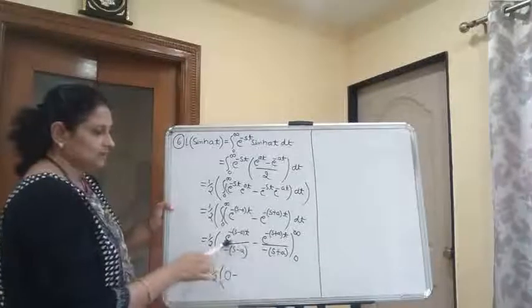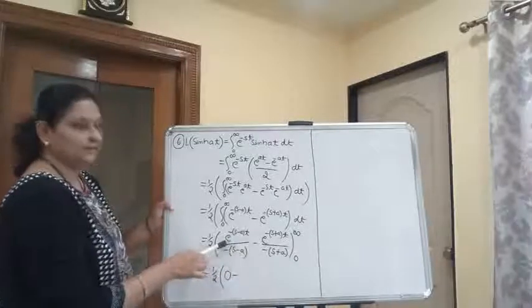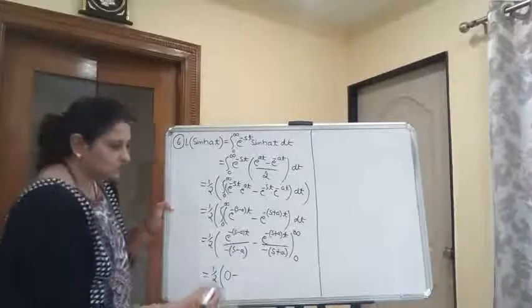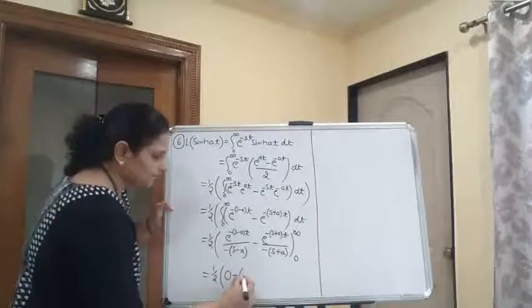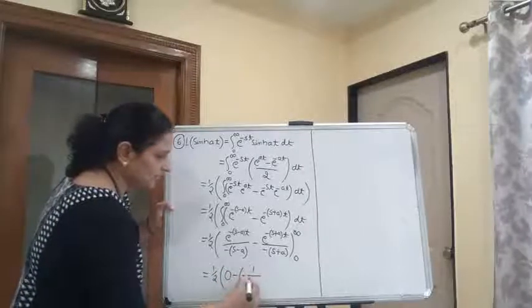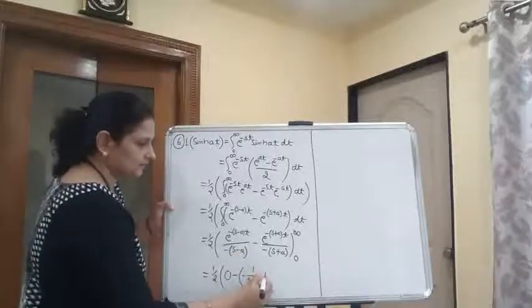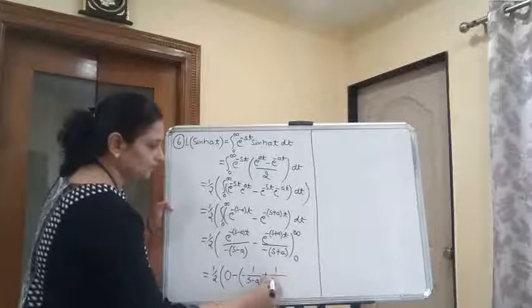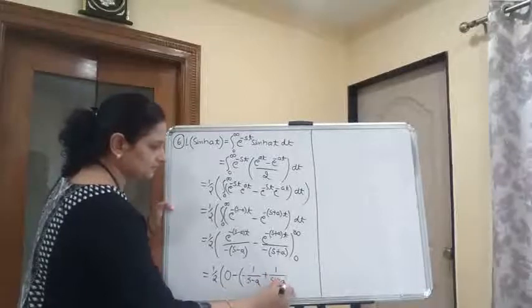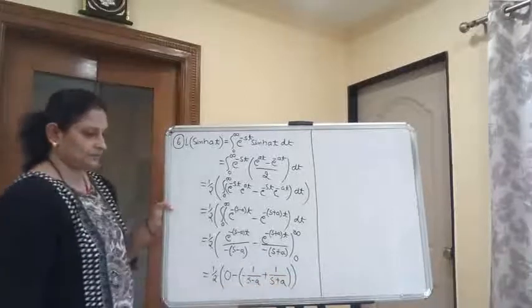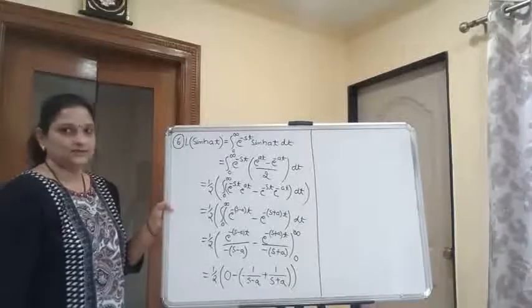Put t as 0. Both the terms become e power 0 which is 1. So we can write this as minus of 1 by s minus a. Here minus of minus here plus 1 by s plus a. This is the value that is left out.